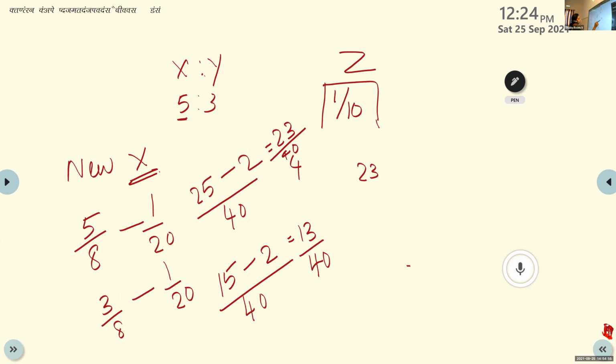So 23 by 40 is to 13 by 40 is to 1 by 10. Bring the denominator the same, 1 by 10 into 4 into 4. So it becomes 23 is to 13 is to 4.